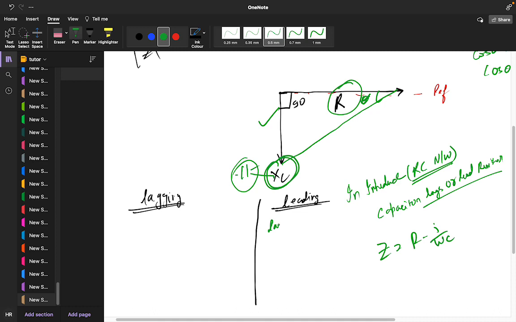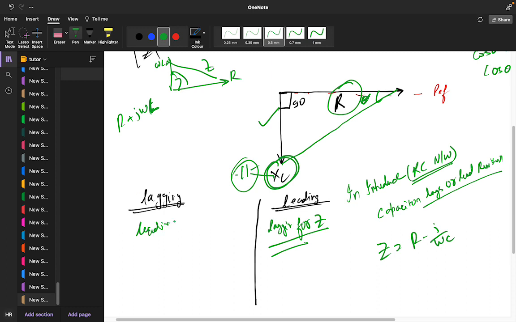Lagging for Z. But for an inductor, what will happen? Z is R plus j omega L. If you draw the phasor diagram, you will get R and j omega L here, and this is Z. So it is leading for the inductor.